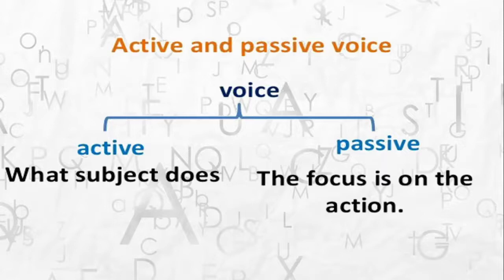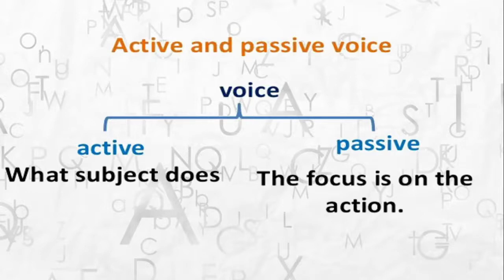So a sentence in the active voice is all about the subject. The subject is given more importance, you can say. Whereas, if the sentence is in passive voice, then the focus is on the action, or the focus is on what is happening rather than who is doing it. Okay, so this is one basic difference between active and passive voice.